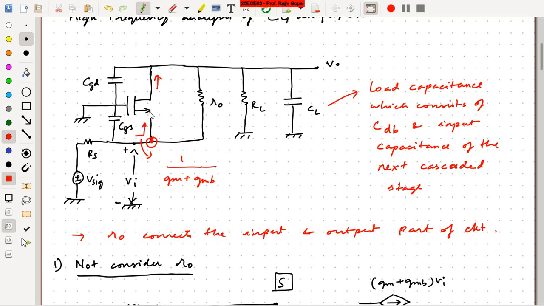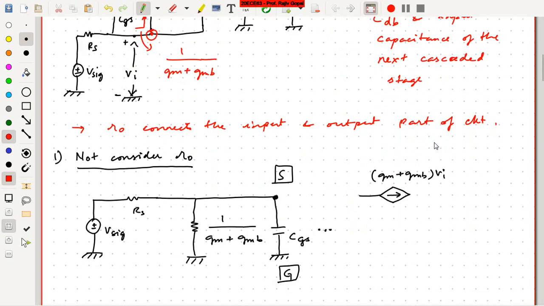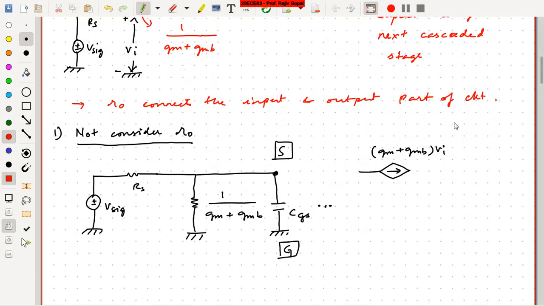So the current is I equal to V by R, which is Vi divided by 1 by gm plus gmb. That is as good as writing gm plus gmb into Vi. So that is the current seen at the drain side, and I have replaced that current with a dependent source, gm plus gmb into Vi.